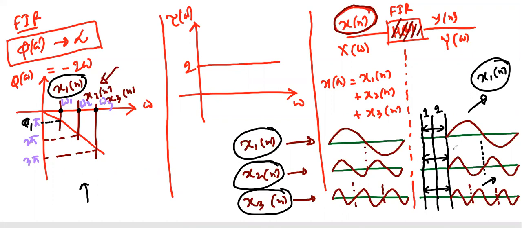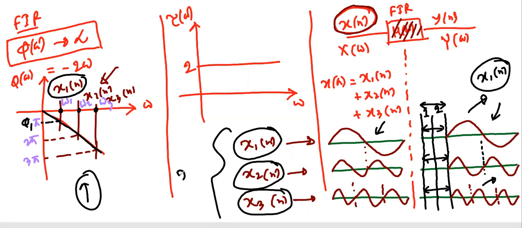So whenever the phase response is linear, after a certain period of time, all the signals are in the same phase, their original phase. So these three make your x[n].